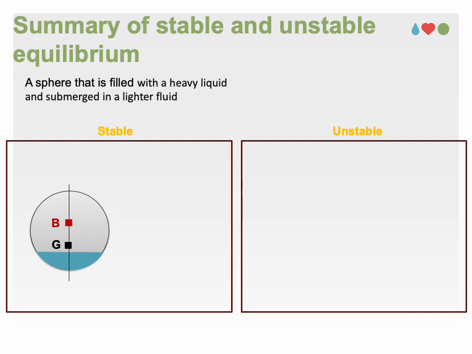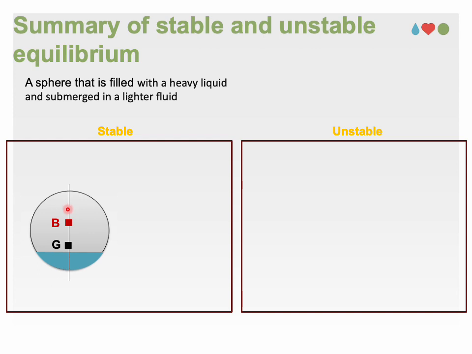Assume we have a sphere that is filled partly with a heavy liquid and a lighter liquid, and it's submerged in another liquid or lighter fluid such as air or water.